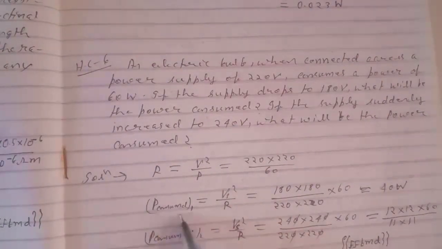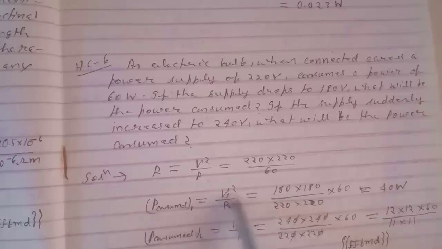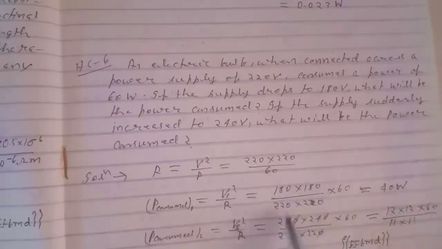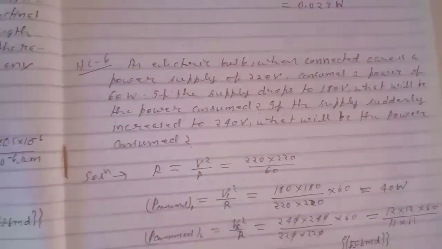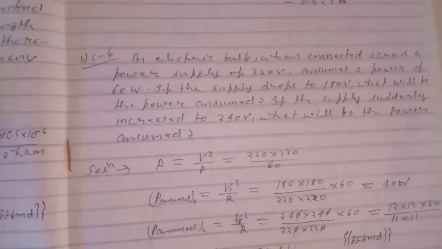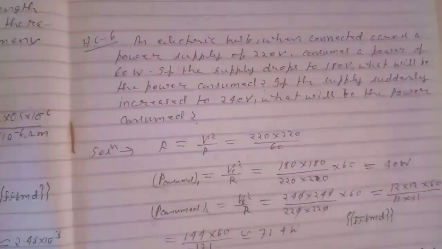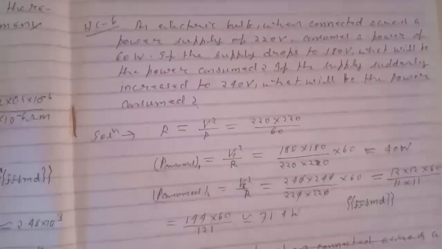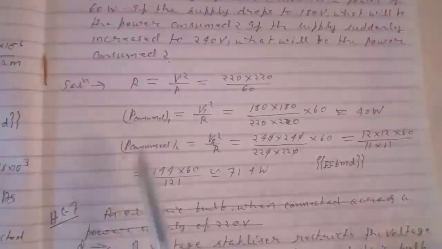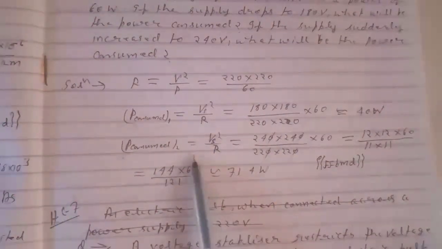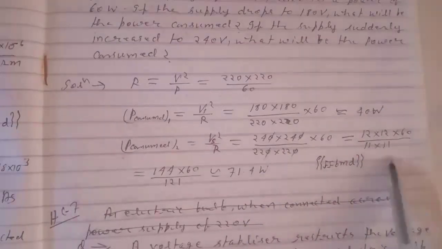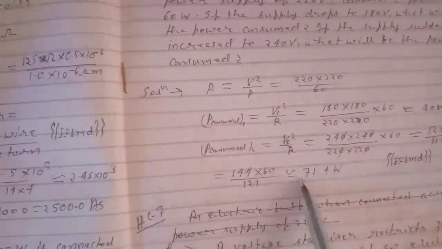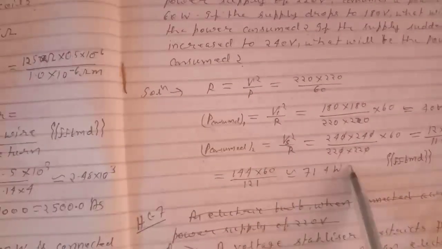Now P consumed in the first case is V supplied square by R, or 180 into 180 into 60 by 220 into 220, equal to 40 watt. And the power consumed in the second case is V square by R, 240 into 240 into 60 by 220 into 220, solving we get about 71.4 watt. Answer.